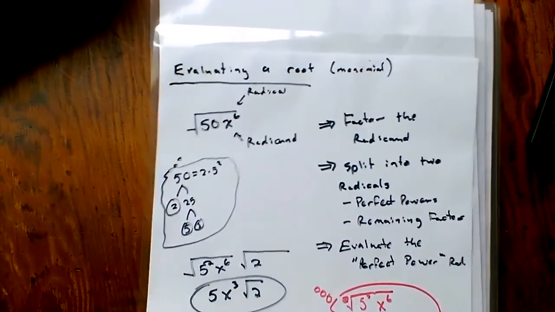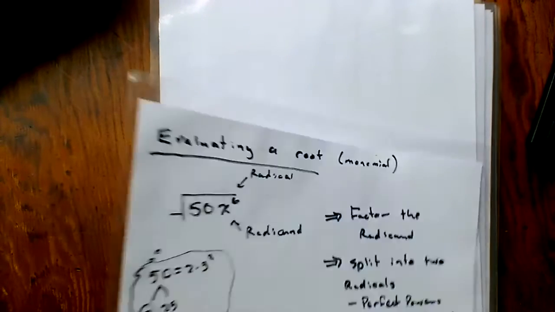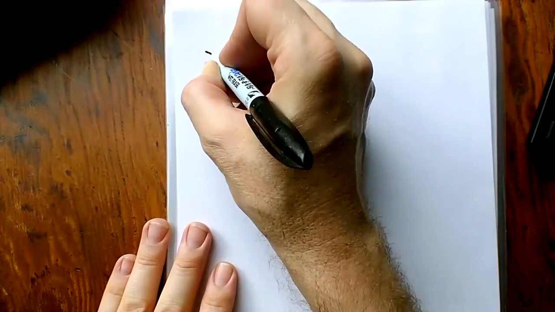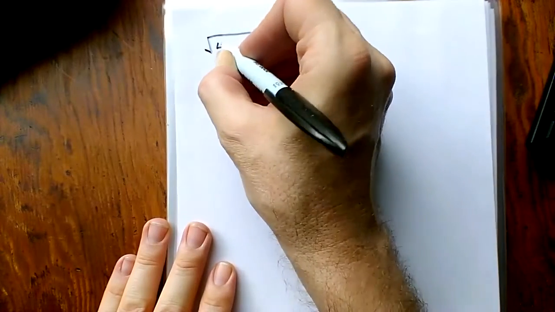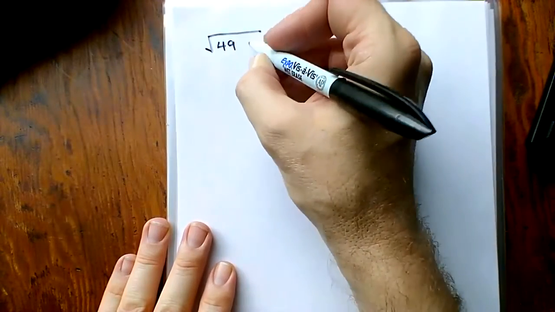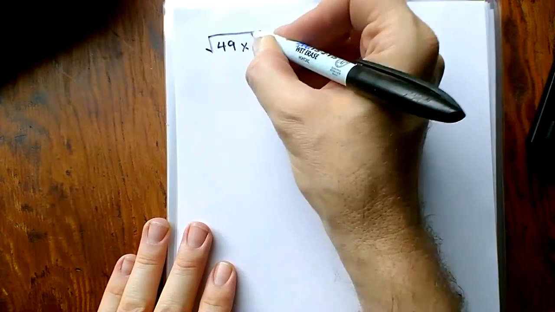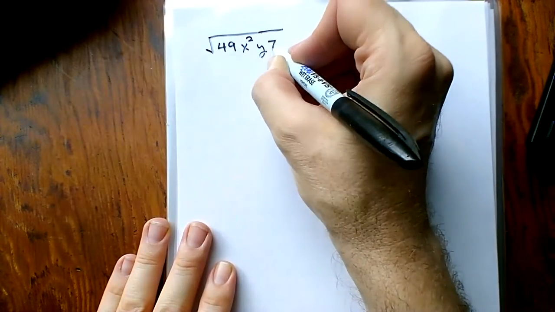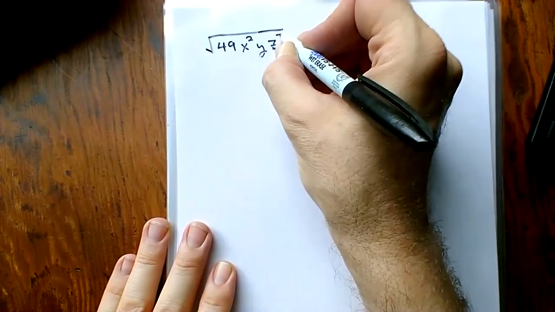But let's do another one. Let's do one that looks a little different. How about I do something like the square root of 49x squared y z to the 7th.